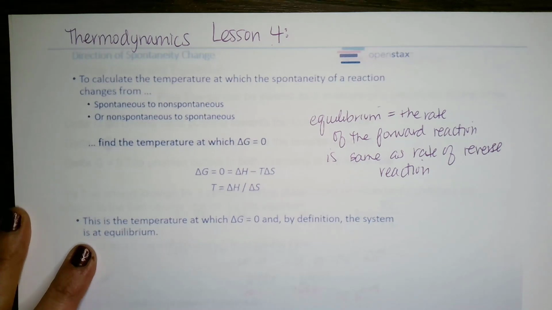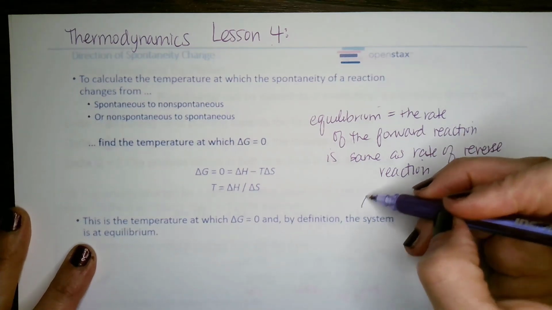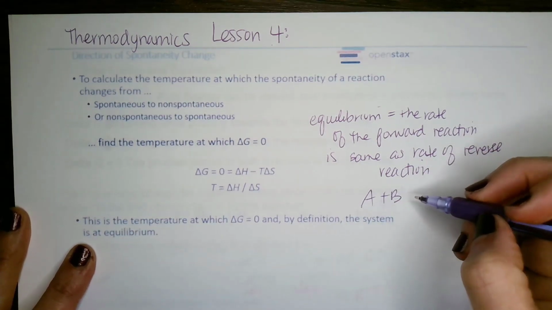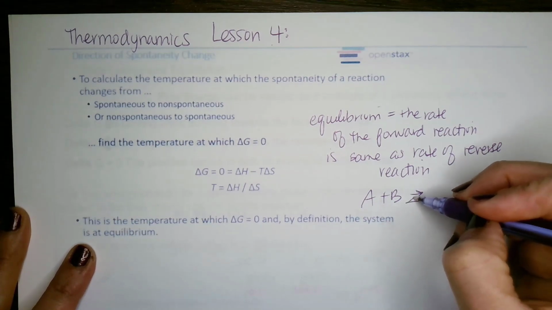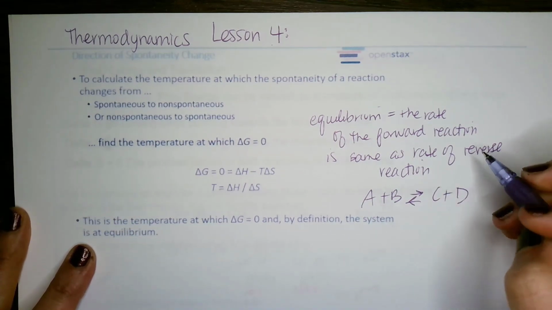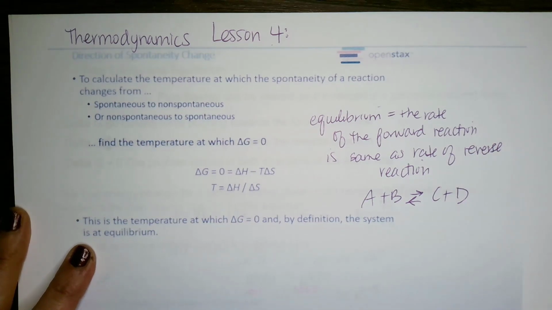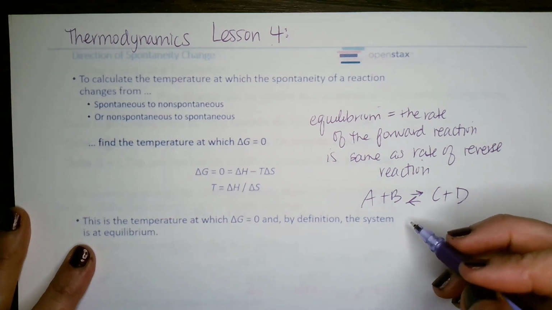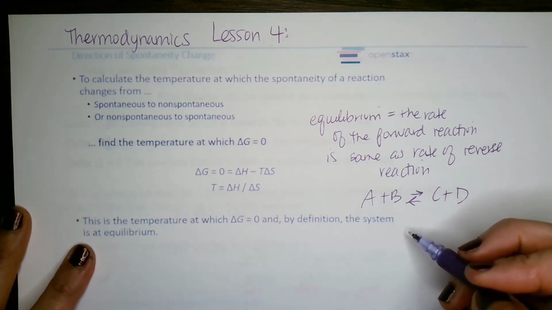That's the equilibrium. If A and B are in a dynamic equilibrium with C and D, the forward rate and the reverse rate are happening at the same time. So therefore, delta G is assigned 0.